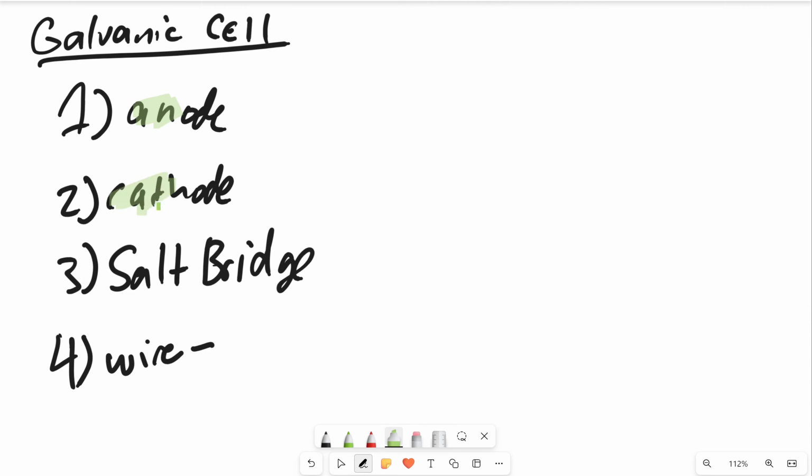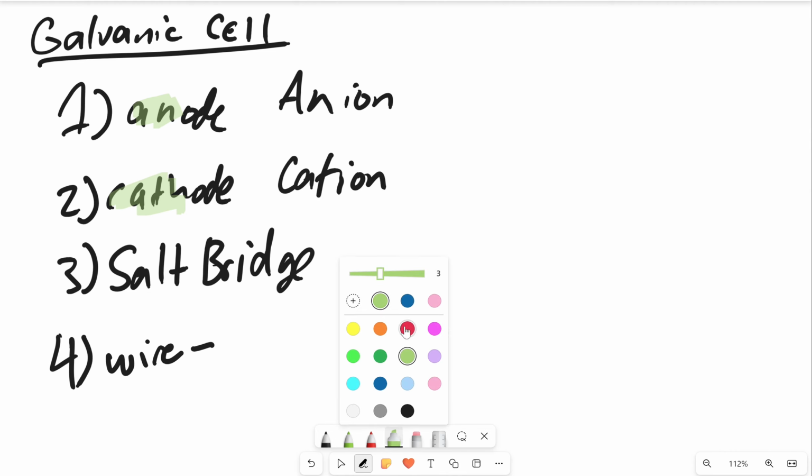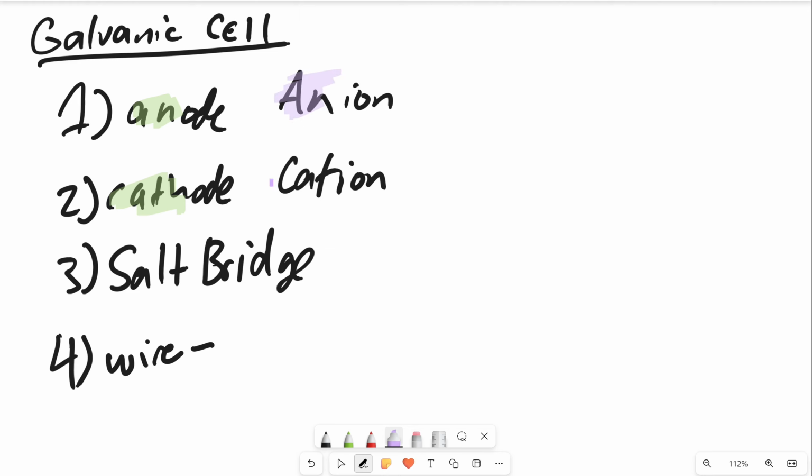If you'll take a quick look and notice, it says anode and cathode, right? Where have we seen those before? Well, we have seen an anion and cation, right? And it's no coincidence that anode and cathode start with anion and cation.